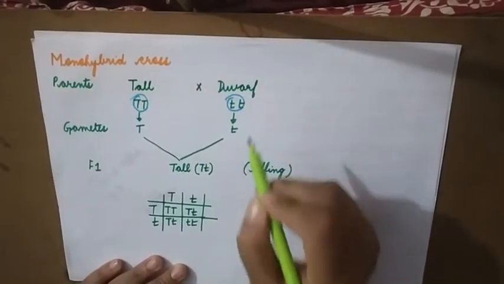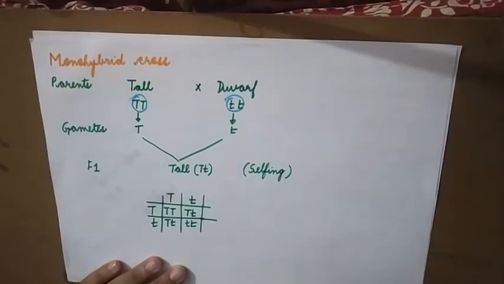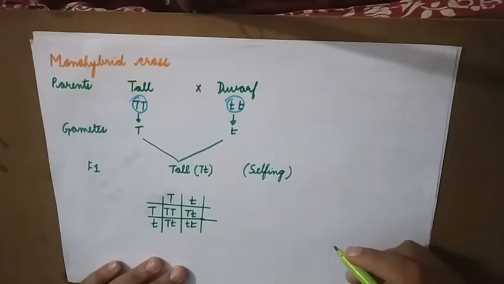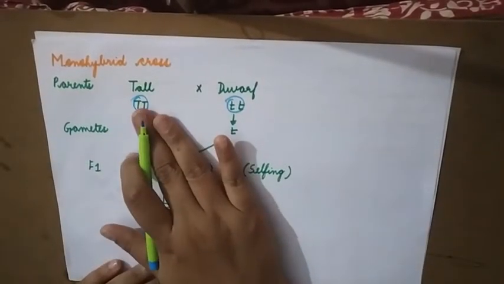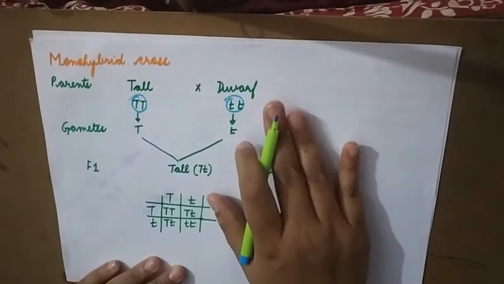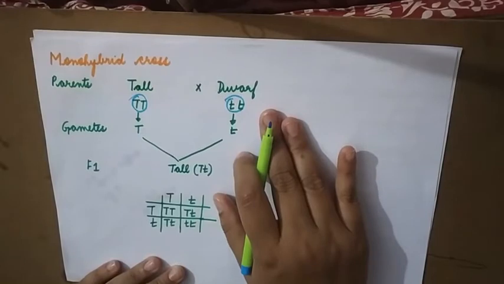It is homozygous. So each time I try to grow this particular plant, I will get the tall plant only. I will not get the short plant. When I grow this other one, again I will get the short plant, not the tall plant.